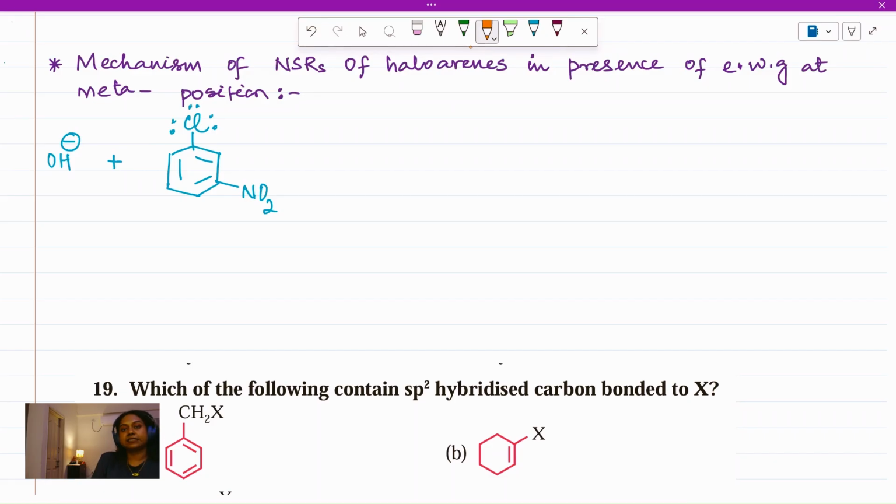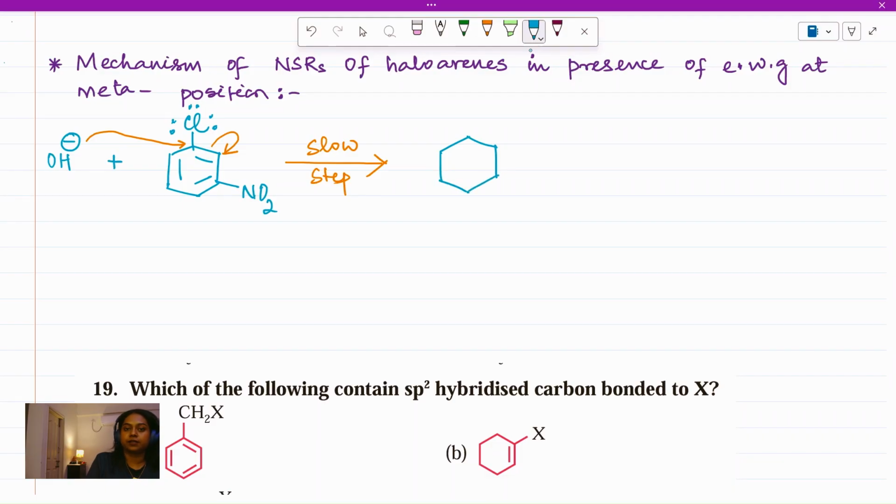So again, very similar to the para and the ortho mechanisms, OH minus attacks the carbon which already is hosting the chloride group. This particular step is a slow step, takes place slowly. And what do you see as a result of this? We've done this before also, this double bond can no longer be there. It forms a negative charge on the adjoining carbon, and you get your first resonating structure.